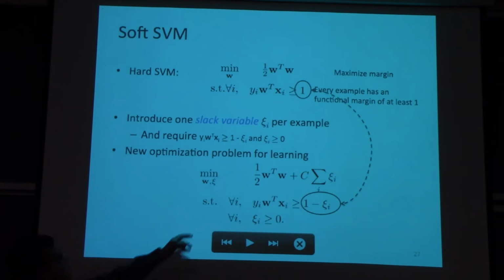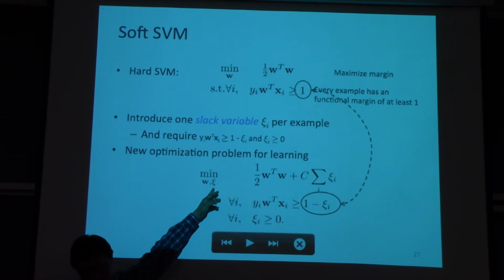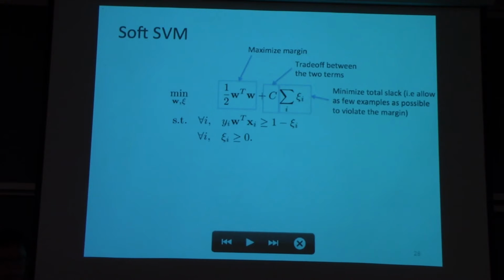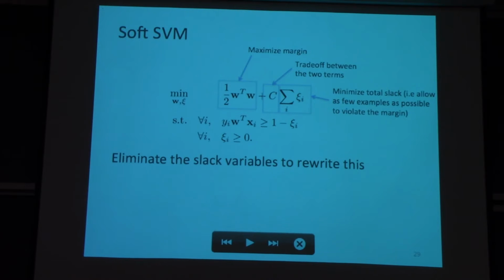And in this case, pay attention that we are also minimizing Xi, not only the weight. I have already explained these slides. The first term is generalization. The second term is fitting the training data sets. And C can be chosen by using cross-validation.